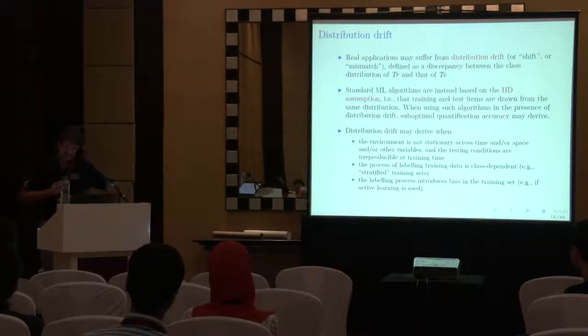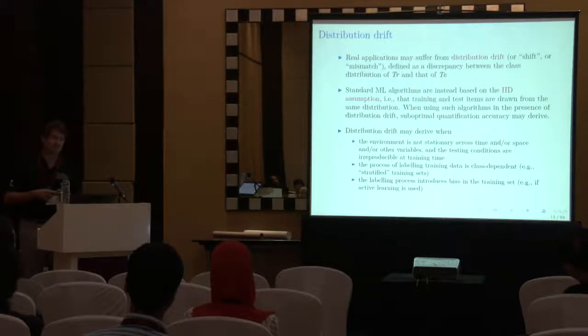So the very notion of quantification is interesting because of what machine learning people call distribution drift. You may have heard of concept drift. Concept drift, within machine learning, is the phenomenon according to which the test data, or the data on which you actually apply your classifier, tend to exhibit some significant statistical difference from the training data.